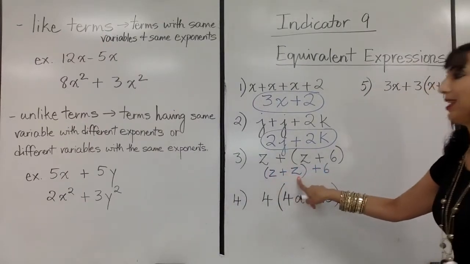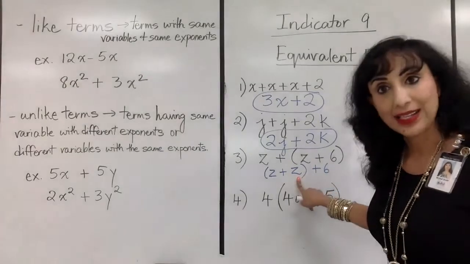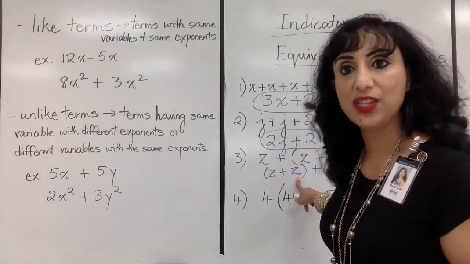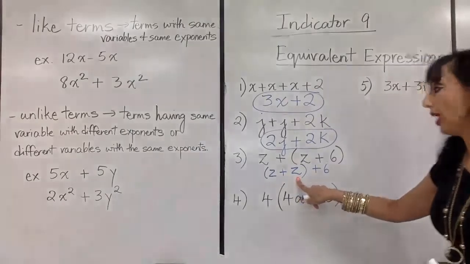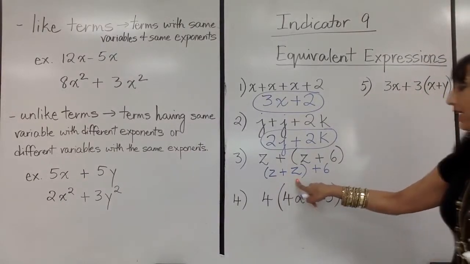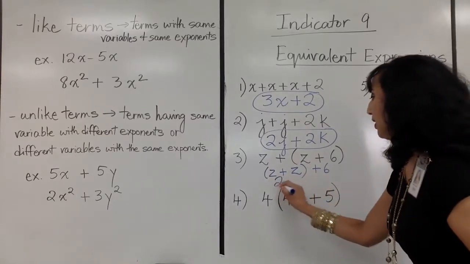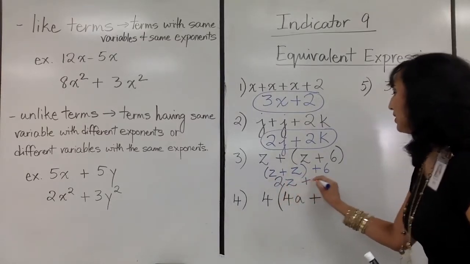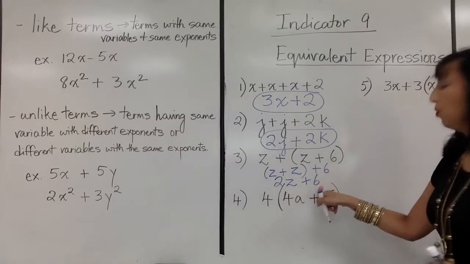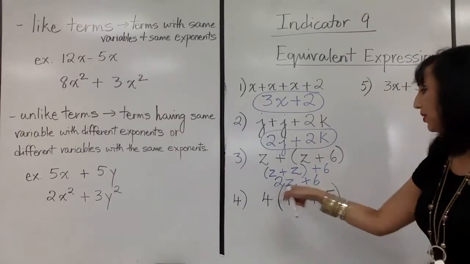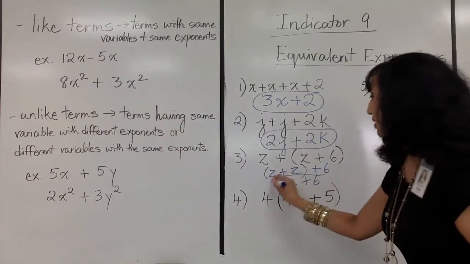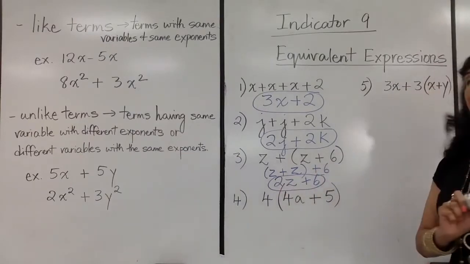Because z and z are like terms, so we can add these two together. So z plus z, how many z's do we have? We have 2 z's. So that is 2z plus the number 6, which is an unlike term from the 2z's. And so then this is my final answer.